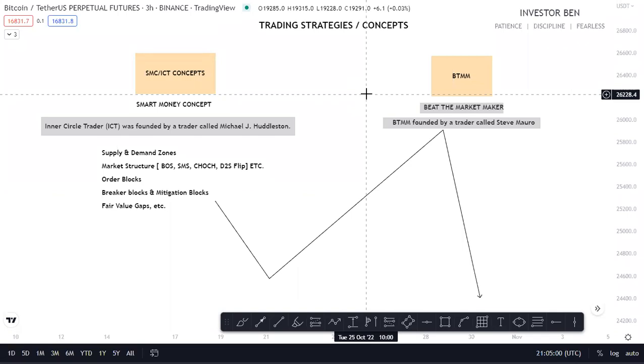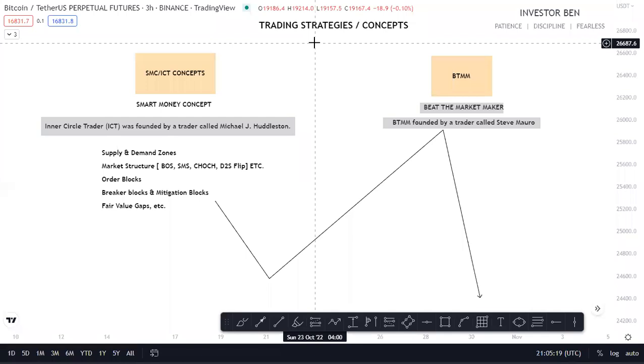They are bigger than you and I, the retail traders. So you can't beat them, but you can go with their flow. But going with their flow is not actually easy. So that is the essence of the strategy here. BTMM, beat the market maker. Yeah, so let's continue.